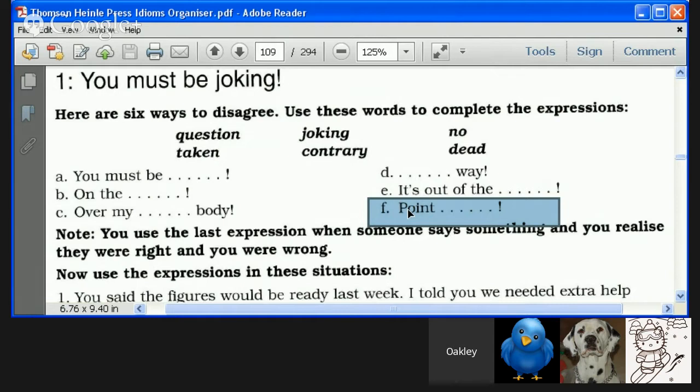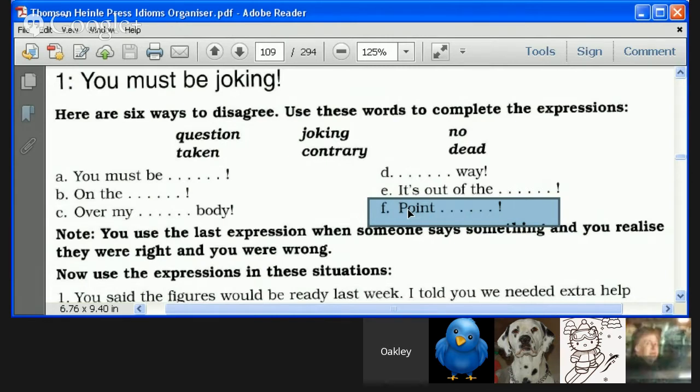If I nailed it and I did something well, okay, point for me. I made my point. If you make your point, you justify your idea. You justify your point. Okay, 2 points for you. Oh, very good. Point taken.